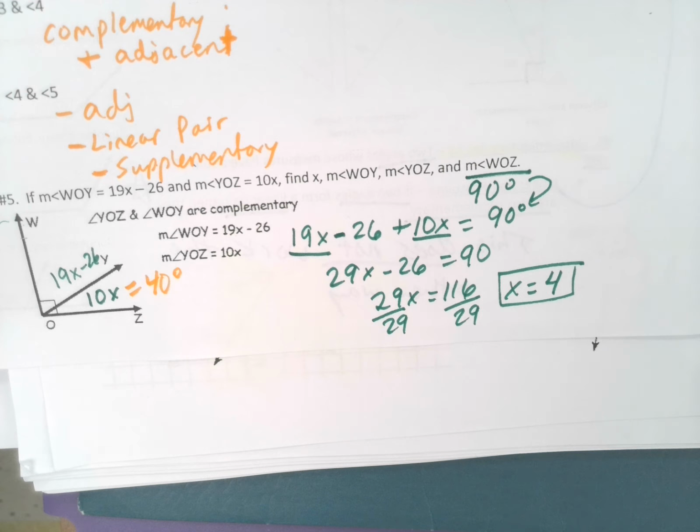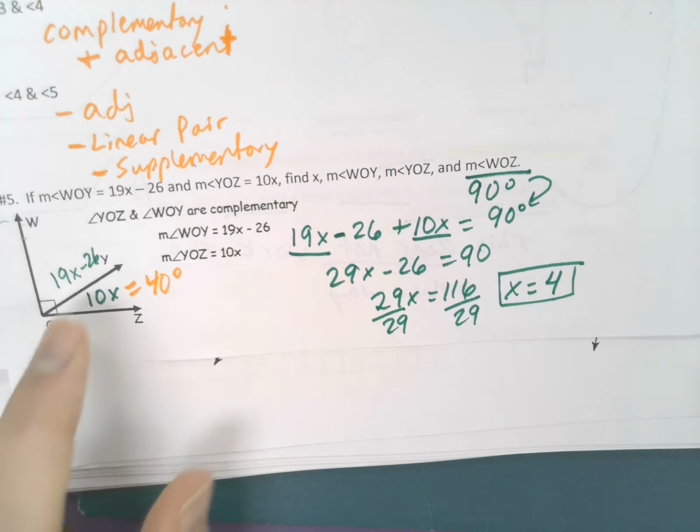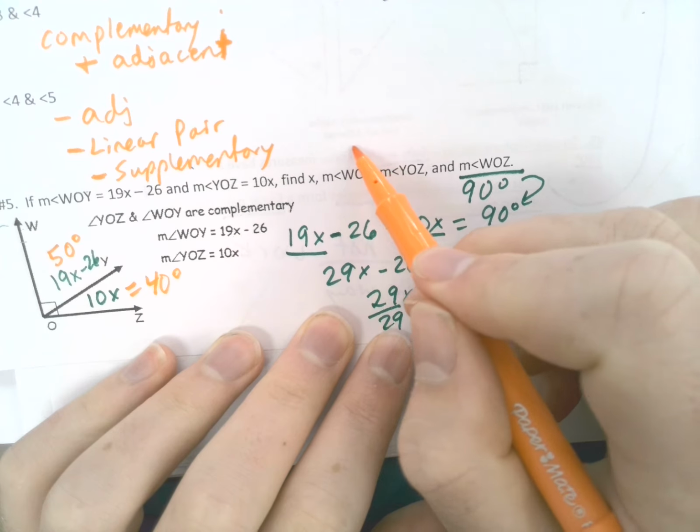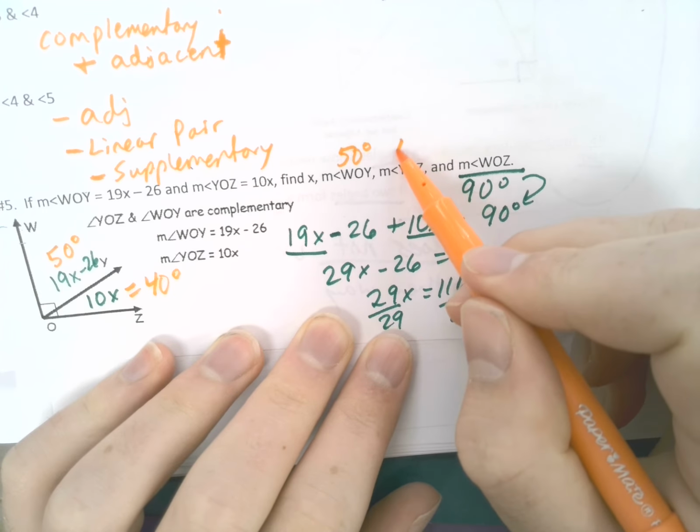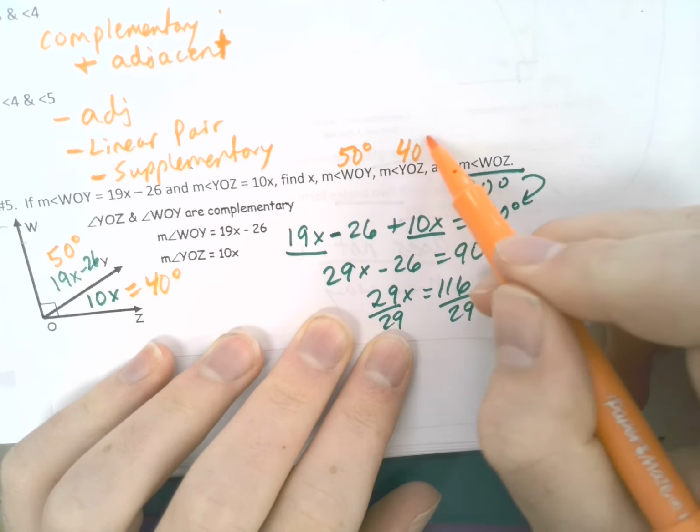Yep. And then subtract 26, you get 50 degrees, which makes sense, right? If this is a 40-degree angle, what do we know this other side has to be if it's all going to be 90? 40 plus 50 will give you 90. So we now know WOY is 50 degrees and YOZ is 40 degrees.